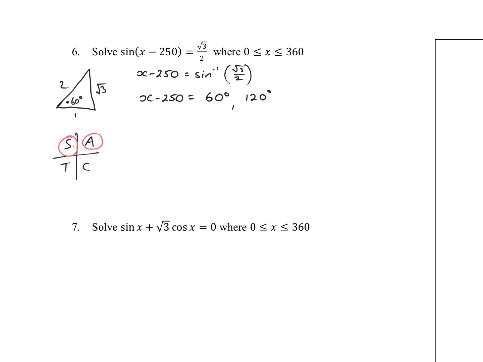Now we haven't actually solved for x yet, because so far we've got x minus 250. So x minus 250 equals 60, so x equals 310, or x minus 250 is equal to 120, so x equals 370.